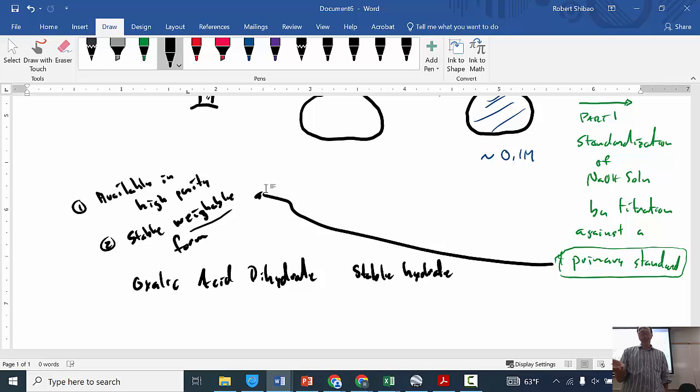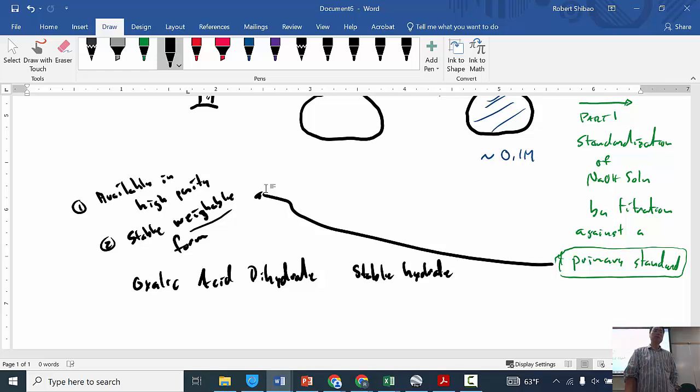But the humidity here is like 30%, and so everything's going to rehydrate. If we were out in the middle of the desert, then we probably want the anhydrous form, because the hydrated form will dehydrate.